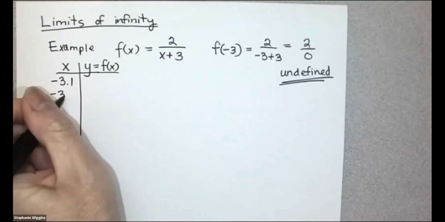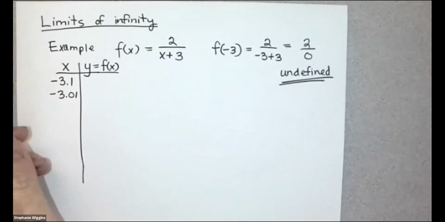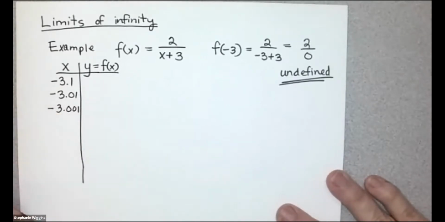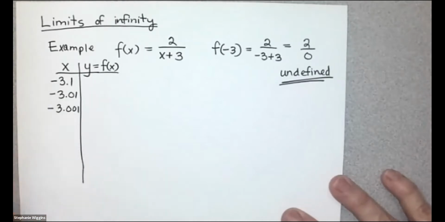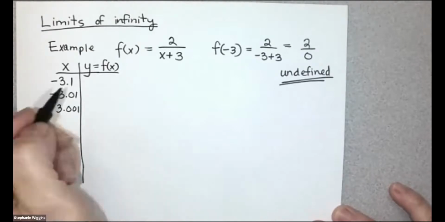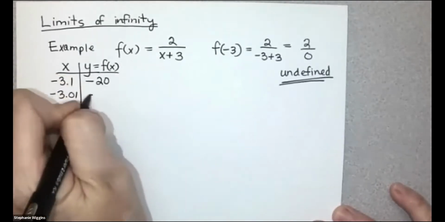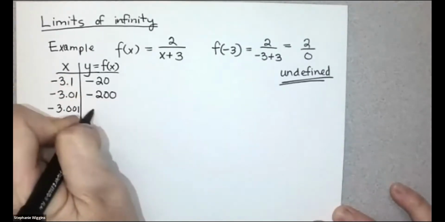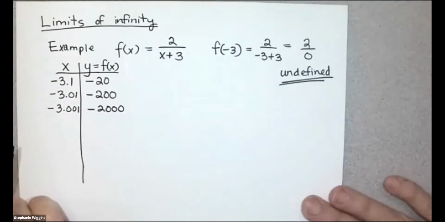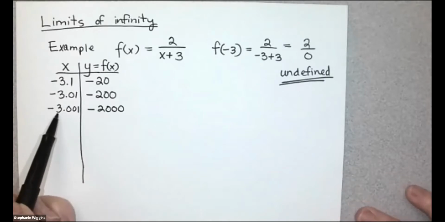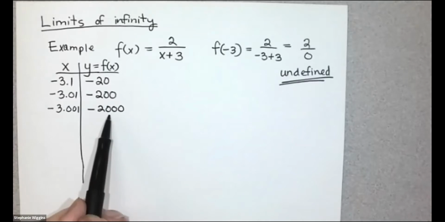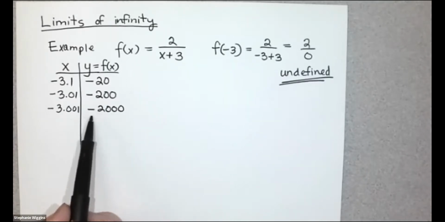And then -3.01, that's even closer to -3 on the negative side, and -3.001. When I plug these numbers into my function here, I'm going to get the values of -20, -200, -2000. You can kind of see the pattern here. As I get closer and closer to -3 from the negative side, my numbers are getting very large, largely negative, okay?